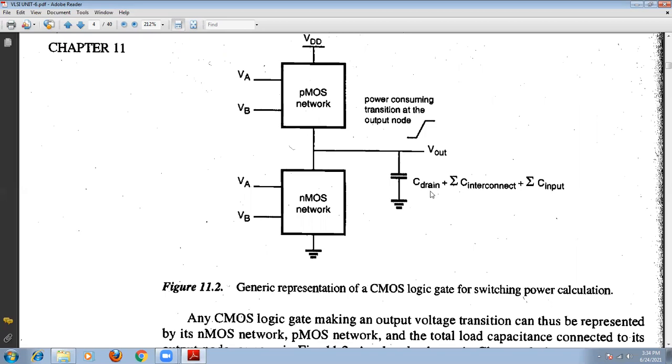So there is the C drain, the driver capacitor, only one driver capacitor is sufficient, plus how many interconnections there are. You can take the sum of these interconnection capacitances plus how many inputs the output can drive. That is also to be considered in this case.